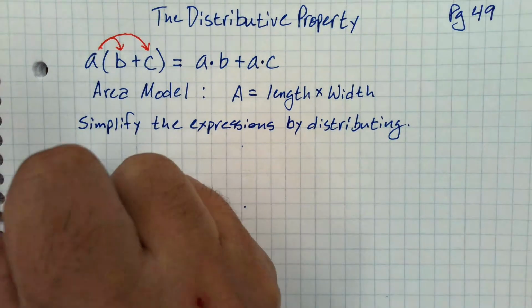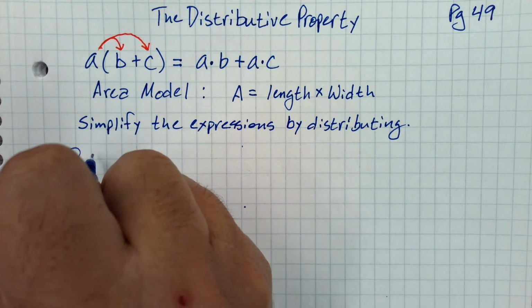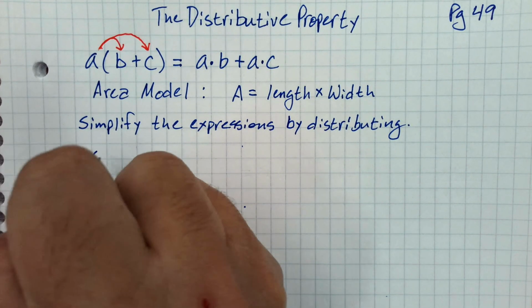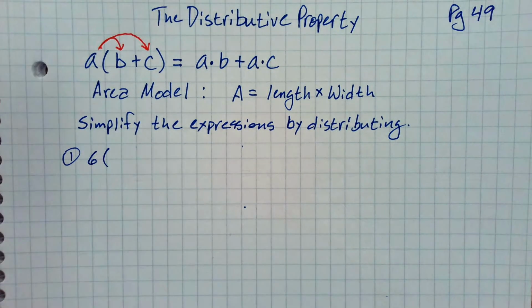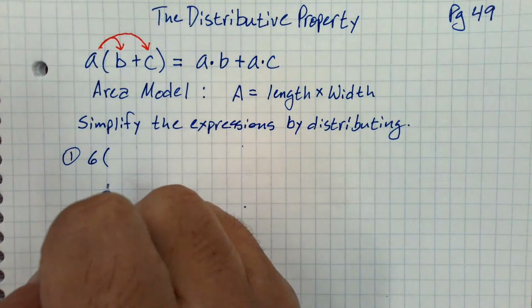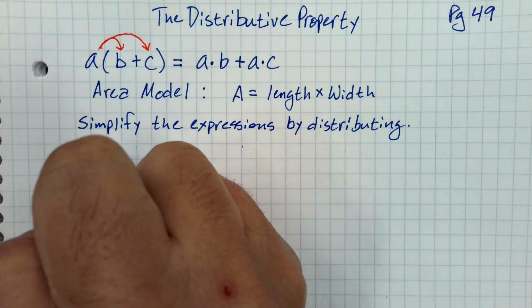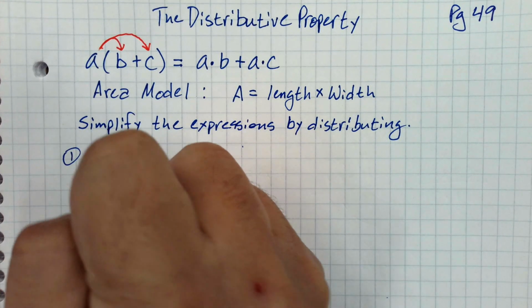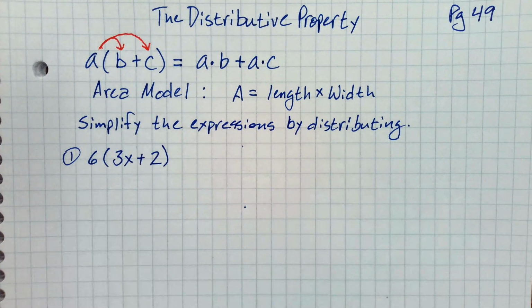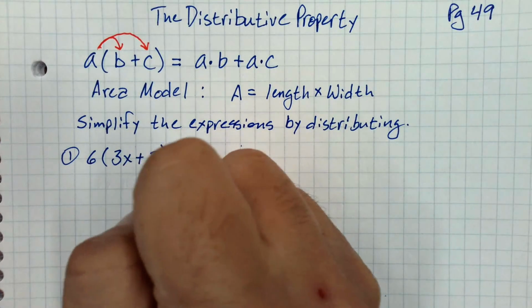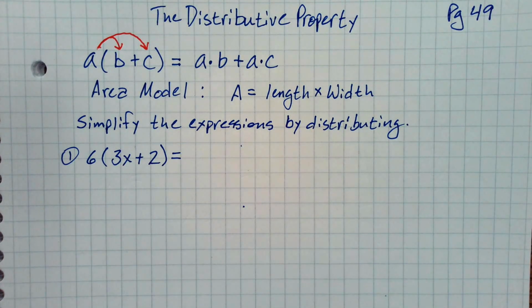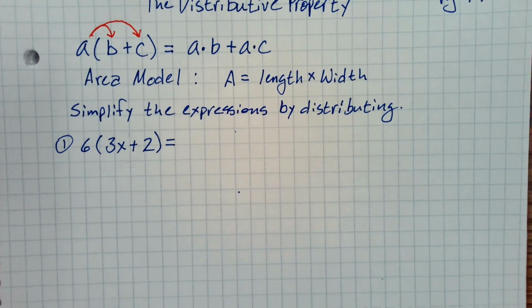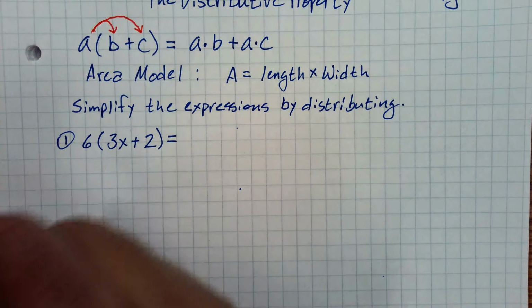Okay? So let's begin. Let's say we want to do the following. We have 6, and we're going to multiply 6 times two terms. The terms are 3x plus 2. But I want to show you how to get the answer using an area model. So tell me if this looks familiar. Below this, I'm going to write the area model.